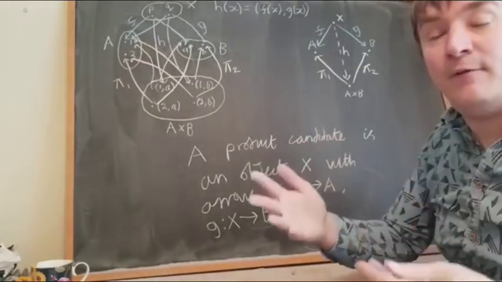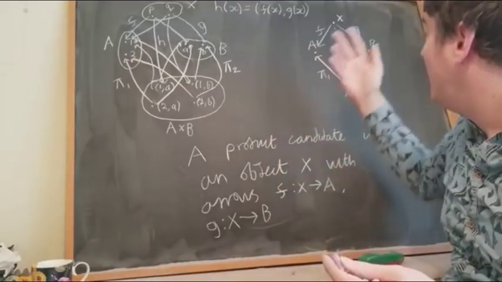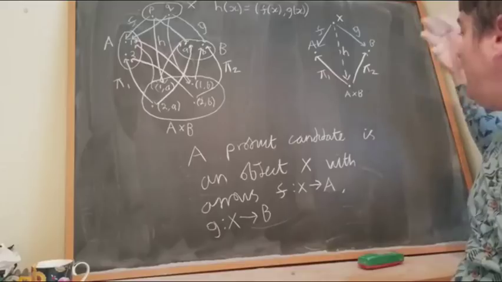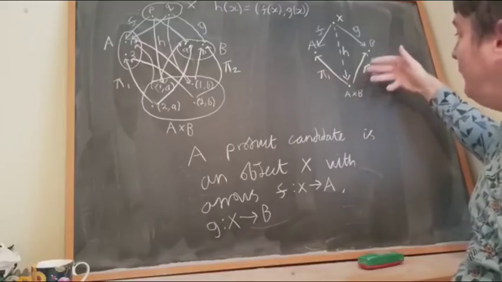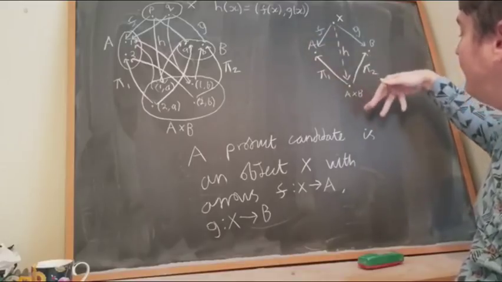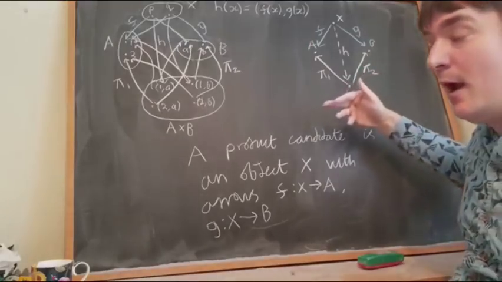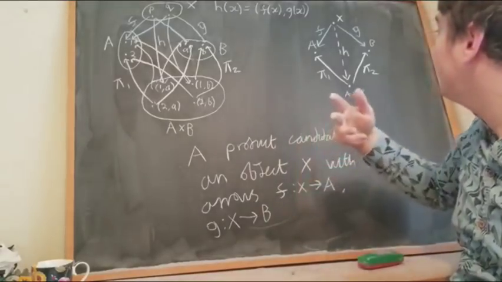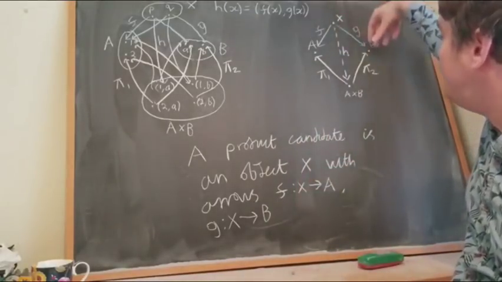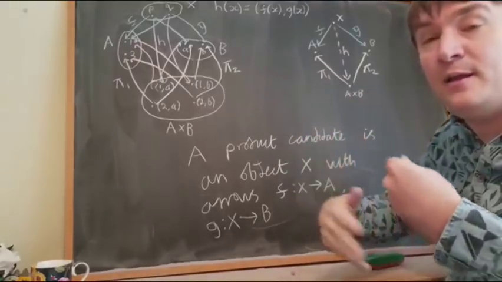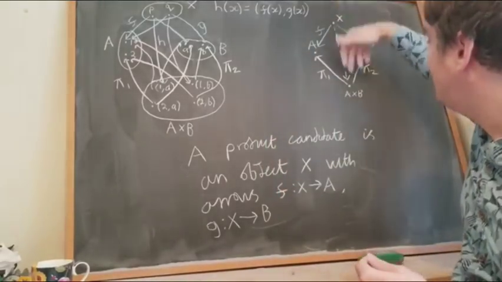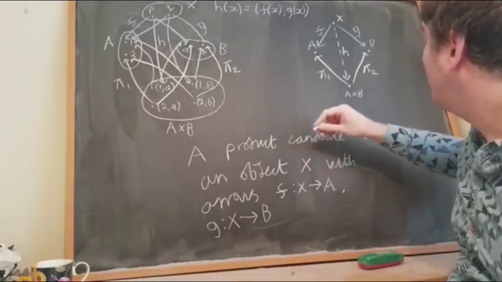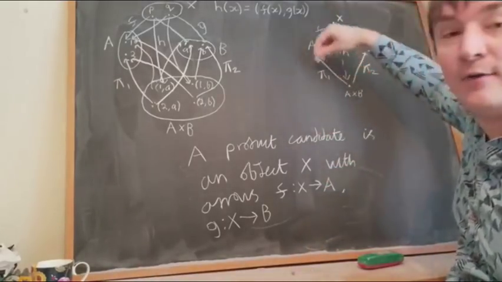So this is our definition then of a categorical product. We're saying that it's an object that has an arrow into A and an arrow into B, and for any other such object, for any other candidate with its arrows F and G, there's going to be a unique arrow H which has the property that it makes this diagram commute.